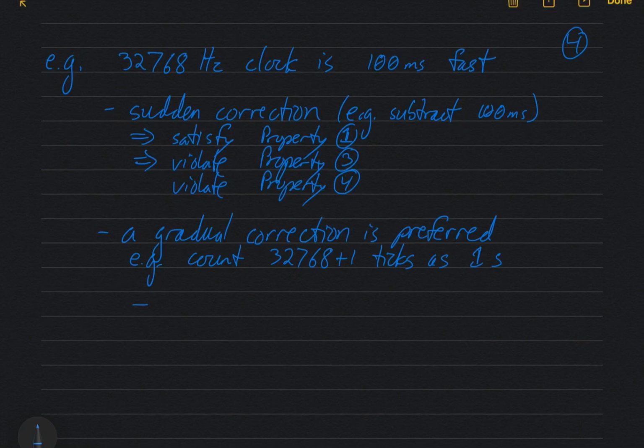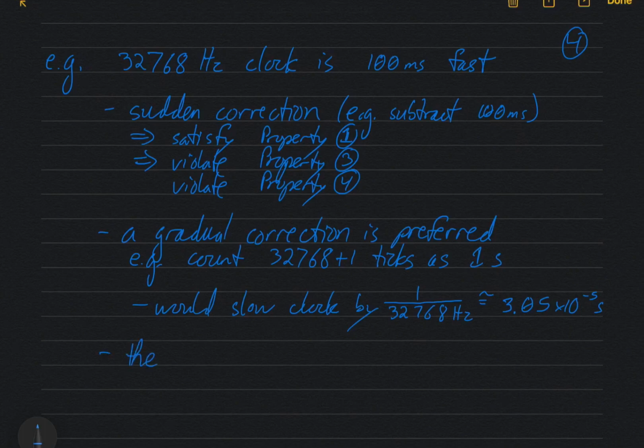And this would slow the clock by 1 over 32,768 hertz. Remember, hertz is 1 over seconds, and so rounding, that gives you 3.05 times 10 to the negative 5 seconds.